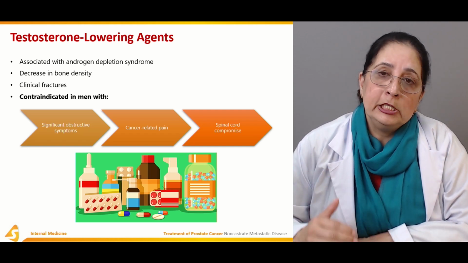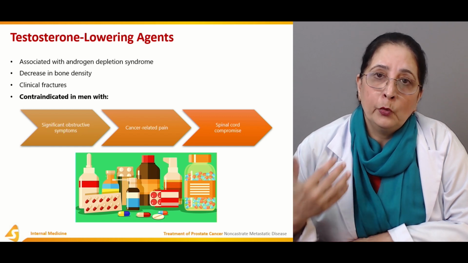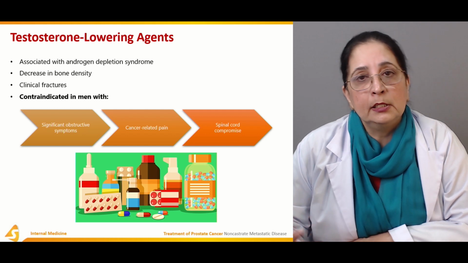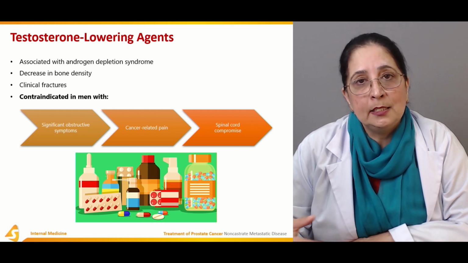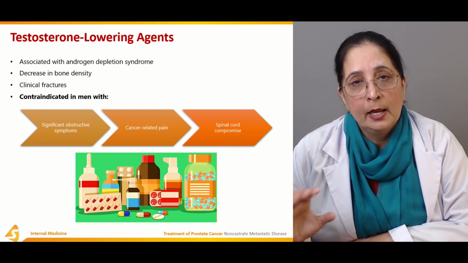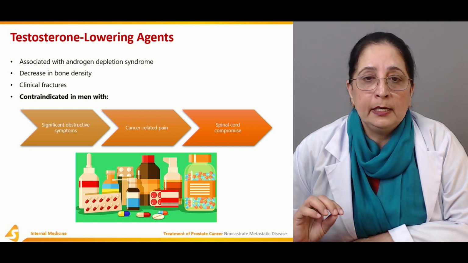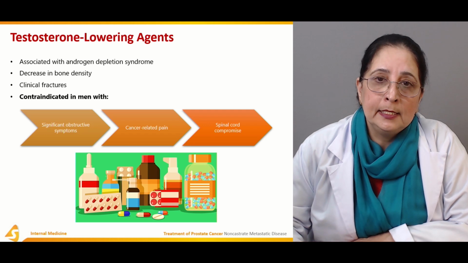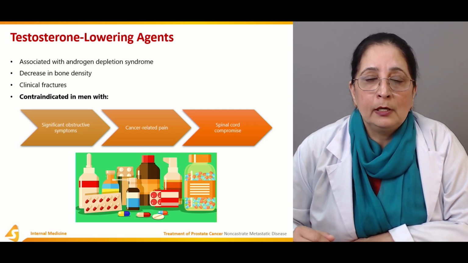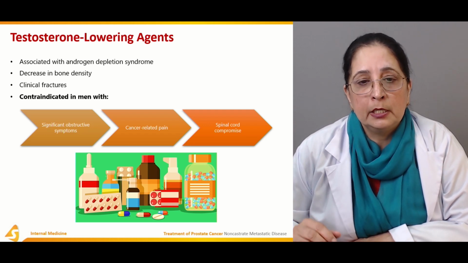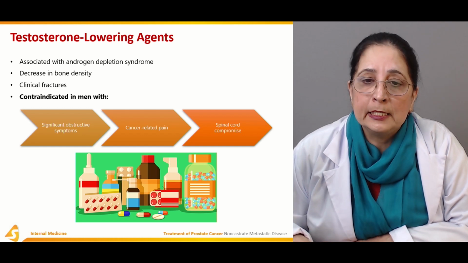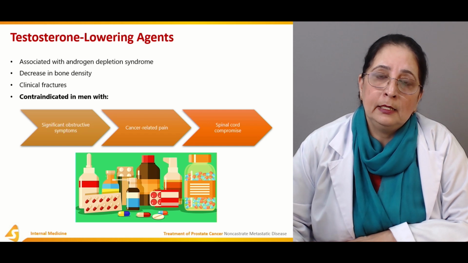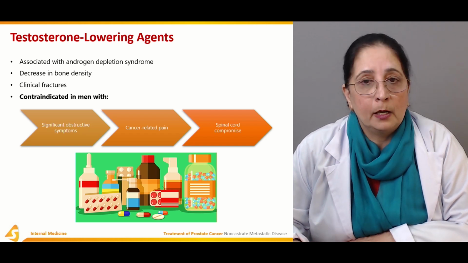In that condition the bone pain is present and the bone is already compromised, so further decrease in bone density and damage to the bone is not good. So we should avoid these testosterone lowering agents in patients with cancer related pain. And with spinal cord compromise, again the effect will be very harmful.